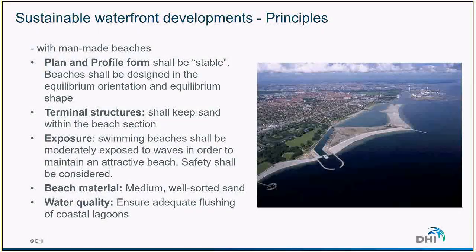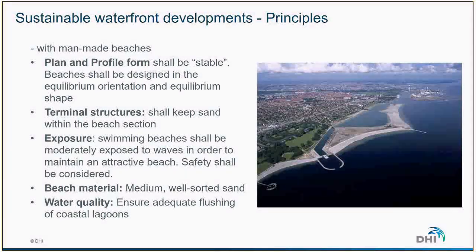So here are some principles that we use to prepare and design sustainable waterfront developments, and in the case we're interested in today, artificial beaches. So what we want to have is a stable beach. It's quite expensive to build an artificial beach from scratch.